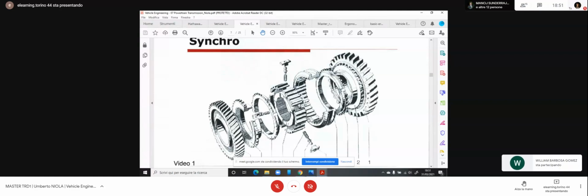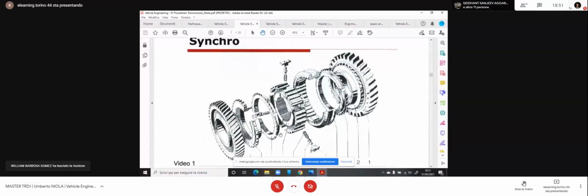So if you push in one direction, maybe on the left, this center ring, you must push these conical surfaces one into the other, and only when they are capable to reduce or adapt the speed of the shaft, you can have the alignment between the splines and this tooth all round, and so the center ring can move and find the, you can see also this little tooth all round on the gears.